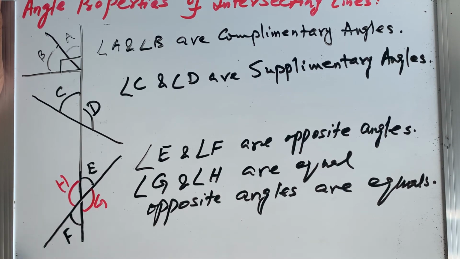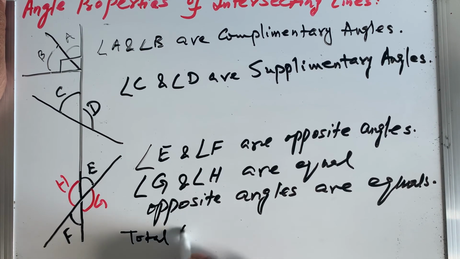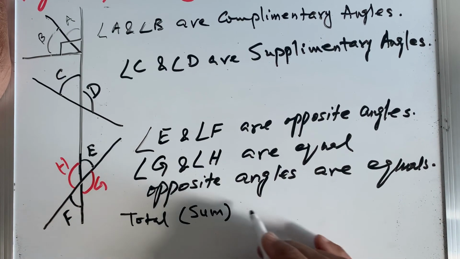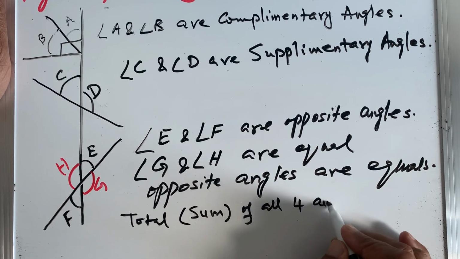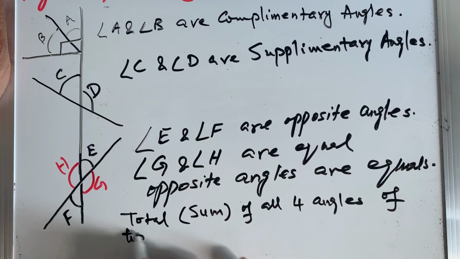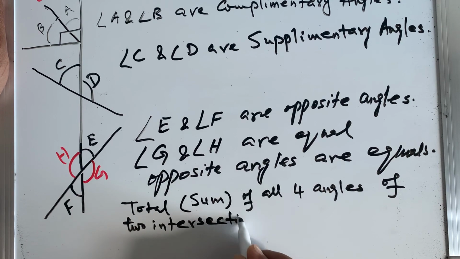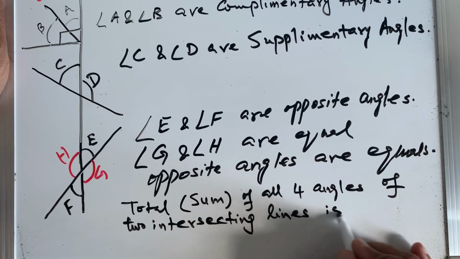Because the total sum of all four angles of two intersecting lines is 360.